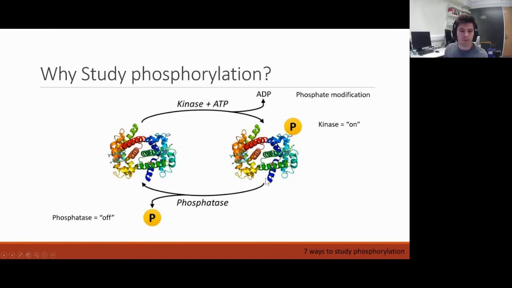So, for example, this might change interactions, or move that protein to another location to carry out the same or a different function. Really, there are many possibilities. And this process is regulated by kinases and phosphatases. You can just think of kinases switching on that phosphorylation and phosphatases switching off that phosphorylation.